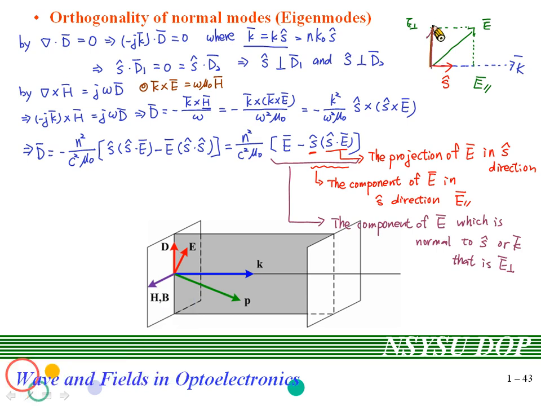So the D field is like this, parallel to E normal. So from this plot, you can clearly draw a conclusion: the E field, the D field, and the K vector, these three vectors are in the same plane.